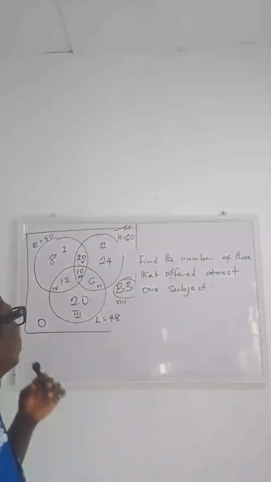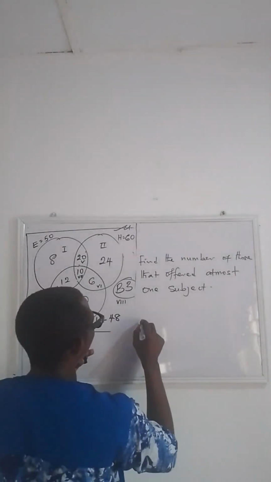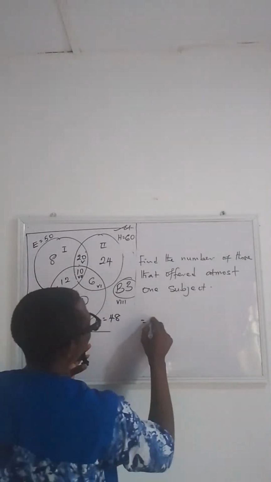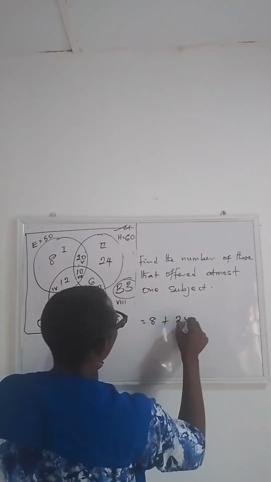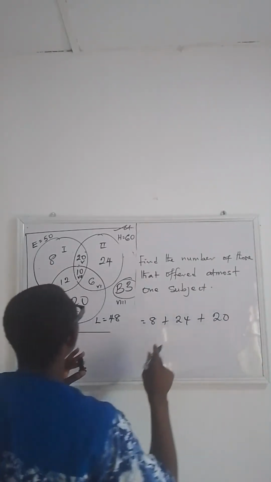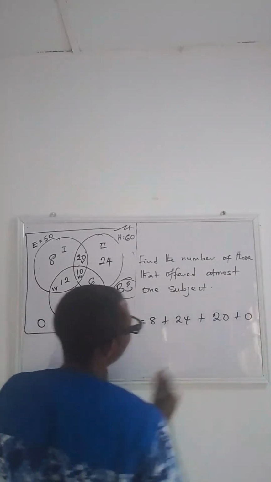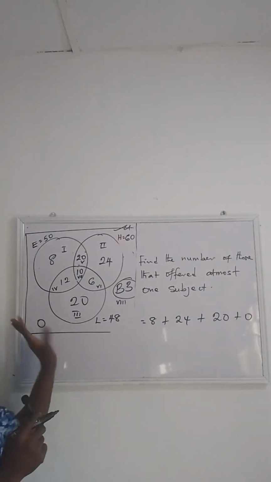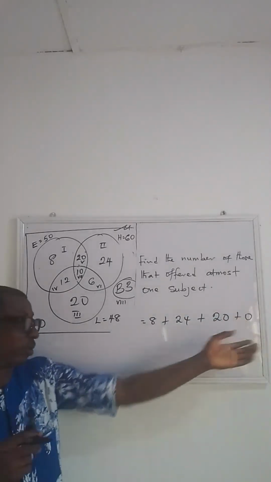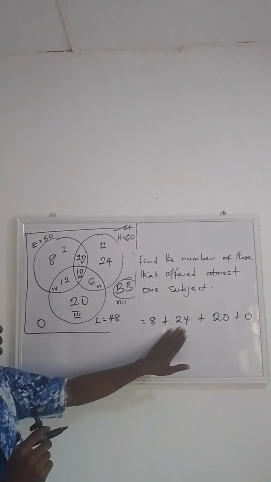So it's going to be the addition of those that did only one subject. That is 8 plus 24 plus 20 and plus 0. You know, 0 is those people that did not do any of the subjects. Of course, you may decide not to add your 0.